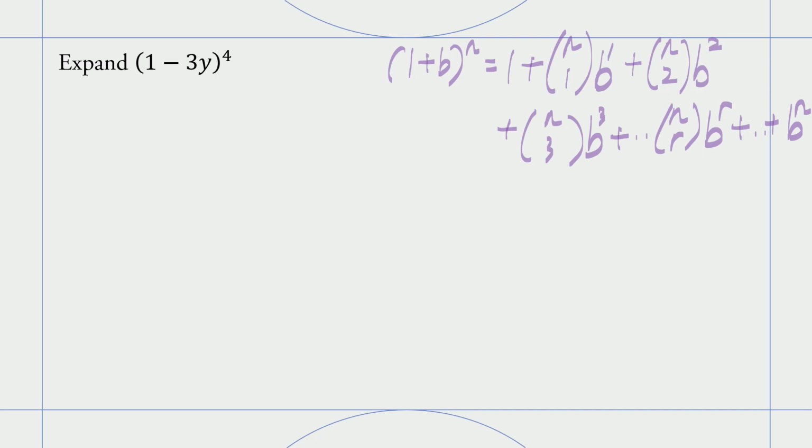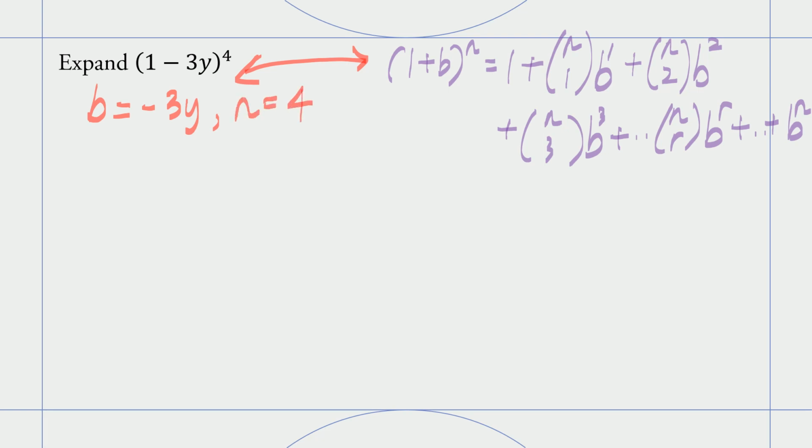Okay, so we're going to do a comparison. If you're going to compare what you're going to expand with the formula, you can clearly see that 1 is comparable with 1. Then your b is equal to negative 3y. Okay, your b is negative 3y. Okay, so we're going to substitute, and then your n is equal to 4.